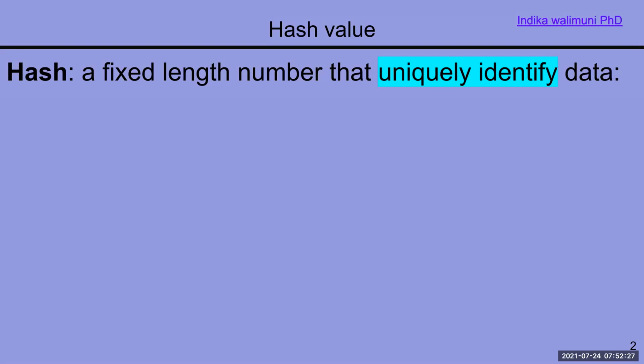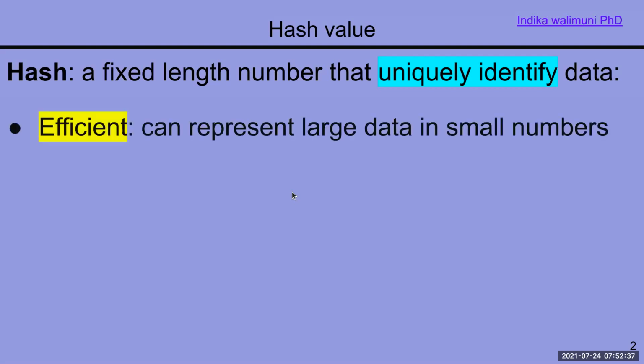It's a fixed length integer that uniquely identifies some types of data, and we'll learn what they are. It provides an efficient process for representing large data. Basically, it provides a mapping mechanism between large amounts of data and those hash values.